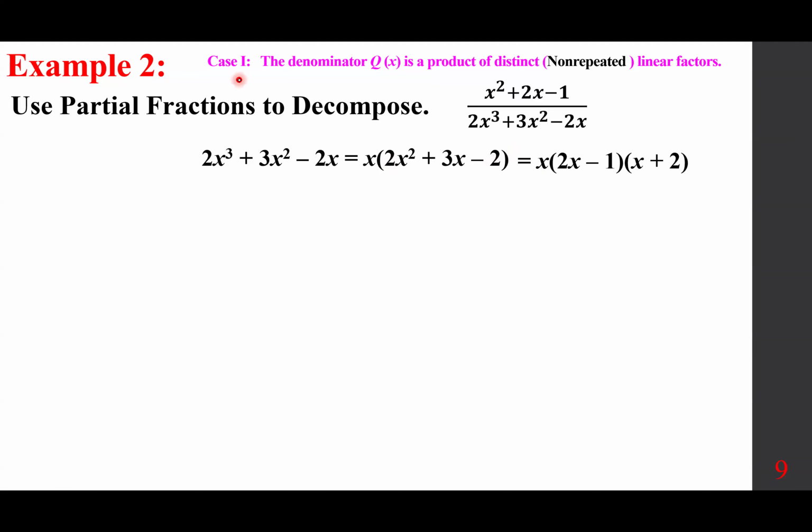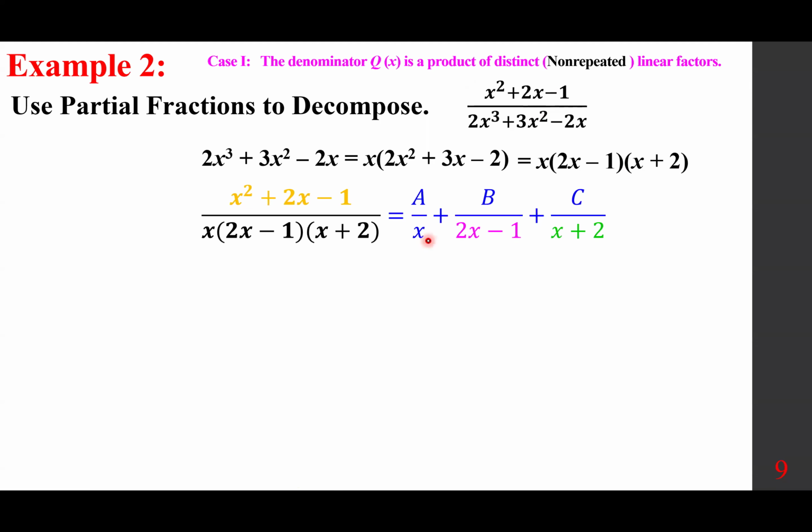Notice, this is case 1 because the denominator q of x is a product of distinct, that means non-repeated, linear factors. They are different factors, and they are all linear. They don't repeat. Therefore, this is equal to the numerator over this denominator.